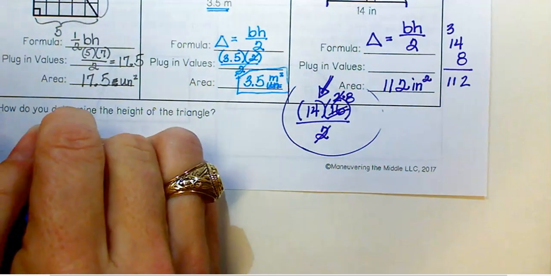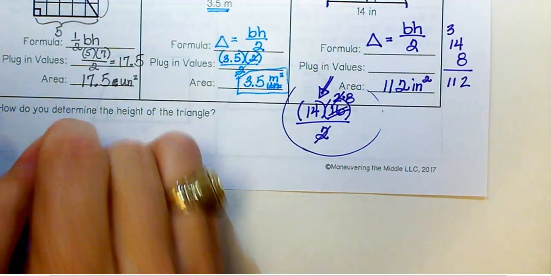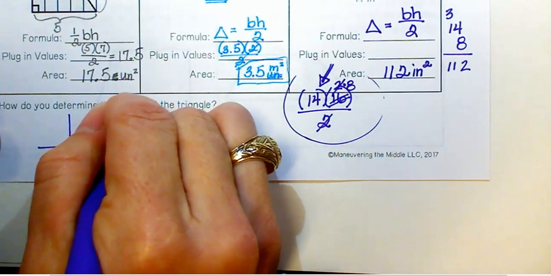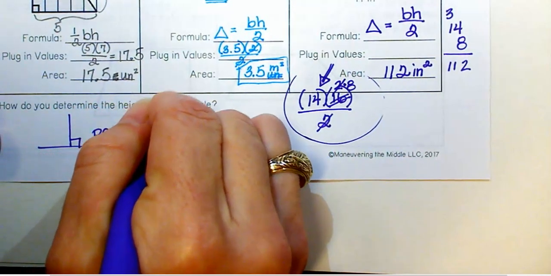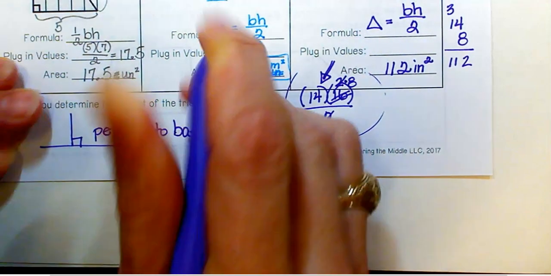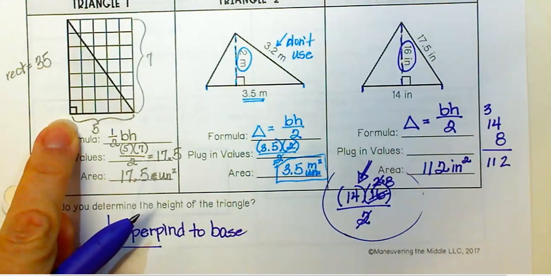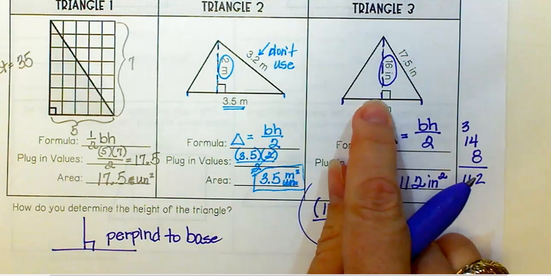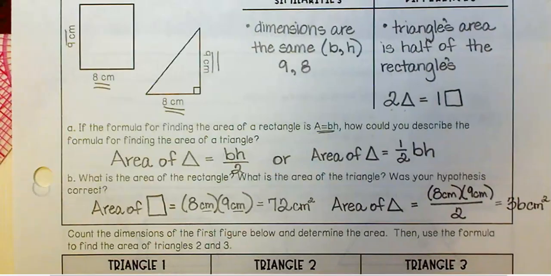The height of the triangle has to be perpendicular to the base. Here, it was perpendicular to the base. Here, it was perpendicular to the base. Here, it was perpendicular to the base.